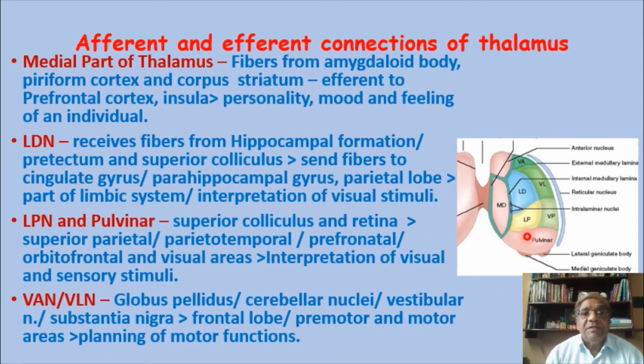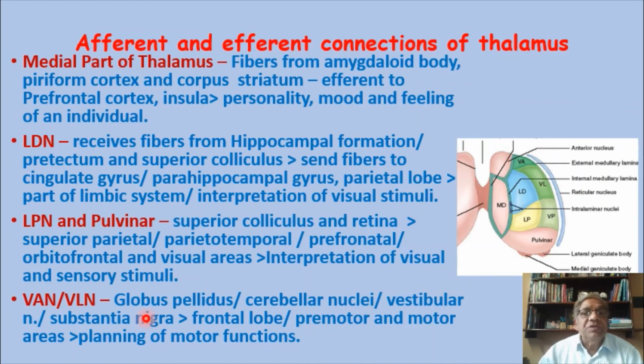Since both the LP nucleus and pulvinar receive fibers from the superior colliculus and retina, their function is the interpretation of visual and sensory stimuli, the visual impulses.